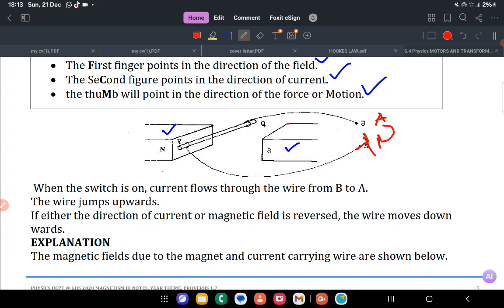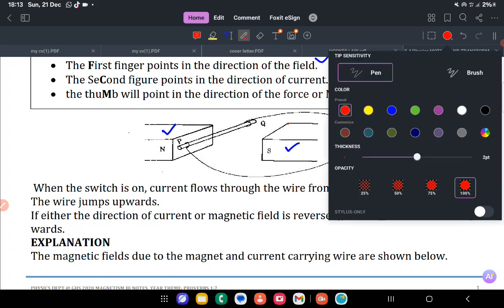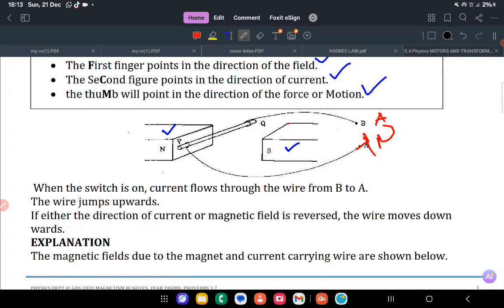So we have A and B. The switch, we can place somewhere here. Yeah, that's our switch. All right, so when the switch is on, current flows through the wire AB.